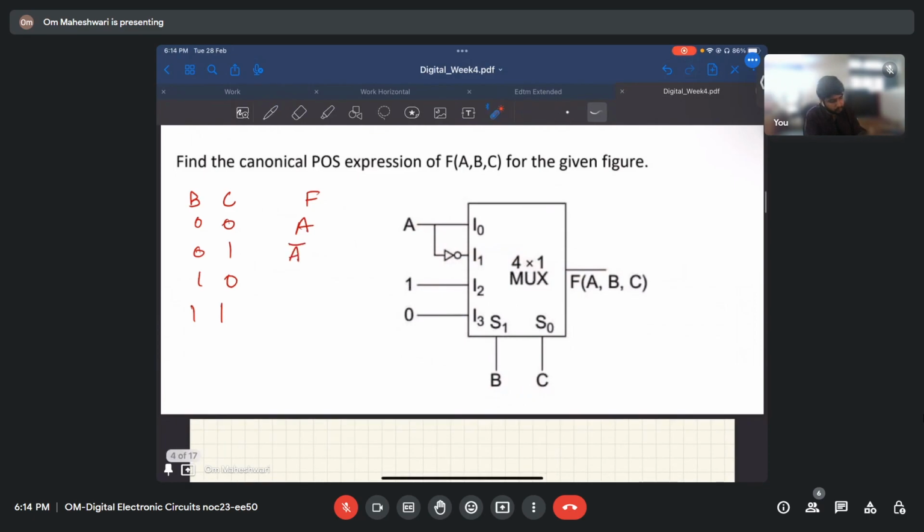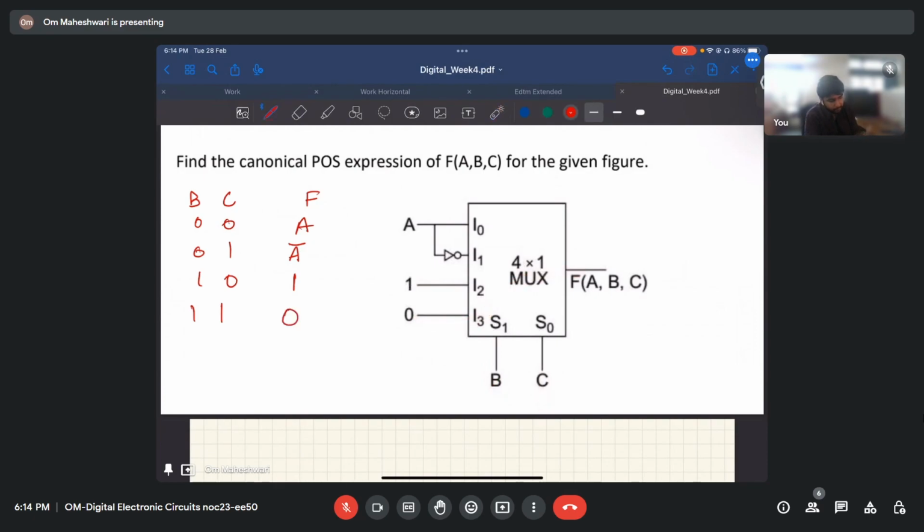When it is 1 0, this 1 will go. And when it is 1 1, 0 will go.